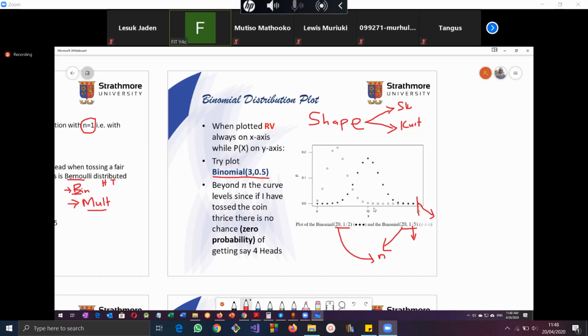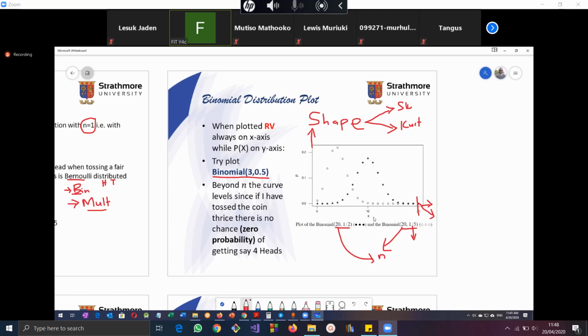So how is this curve plotted? These are the x, the values of the random variable, and these are the p, probabilities. In the plot of a probability distribution, the y-axis will always be a probability, and the x-axis will always be the random variable, okay?